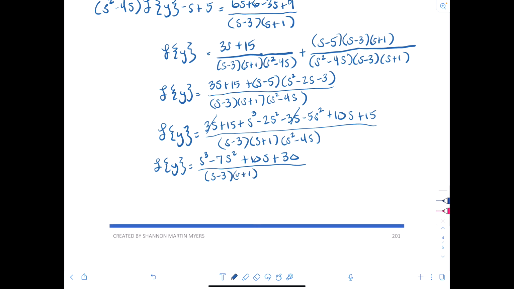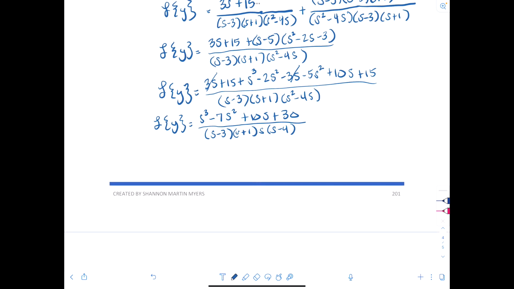Now, if you were doing this by hand, you'd want to write it as s times s minus 4. But I'm going to take you to this groovy little deal, which does it for us, because I think we did enough work. So here we go.